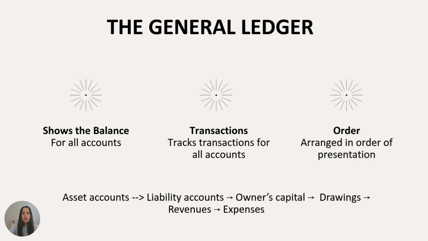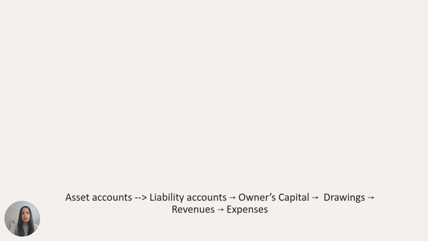It's going to track the transactions for all the accounts, and the transactions are entered chronologically. And then the general ledger itself is ordered in terms of presentation. That means all the asset accounts are listed first, then the liability accounts, then owner's capital, then drawings, then revenue, and then expenses.